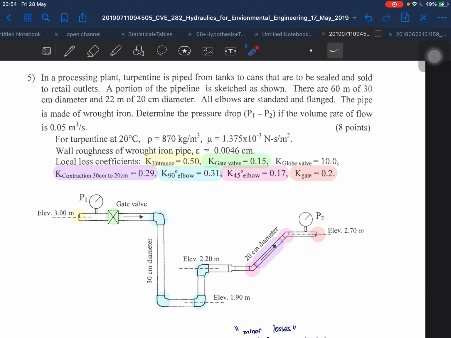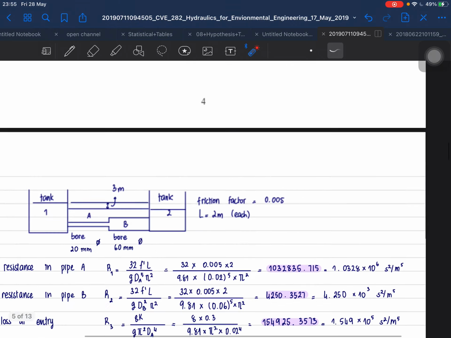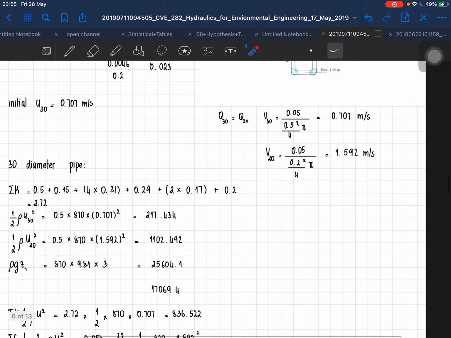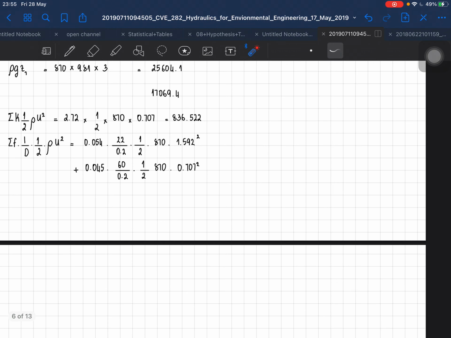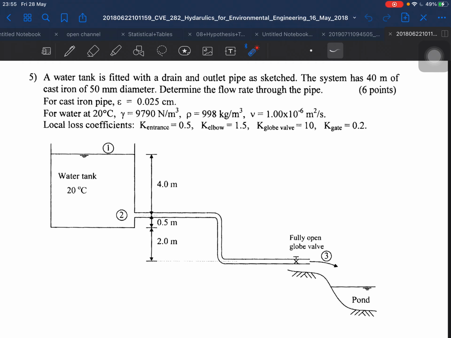Actually the pressure drop is similar to head loss. Yeah, pressure drop is like pressure loss, similar to head loss. I've done through this case already, so don't worry, we can just continue, but this has the most similar.